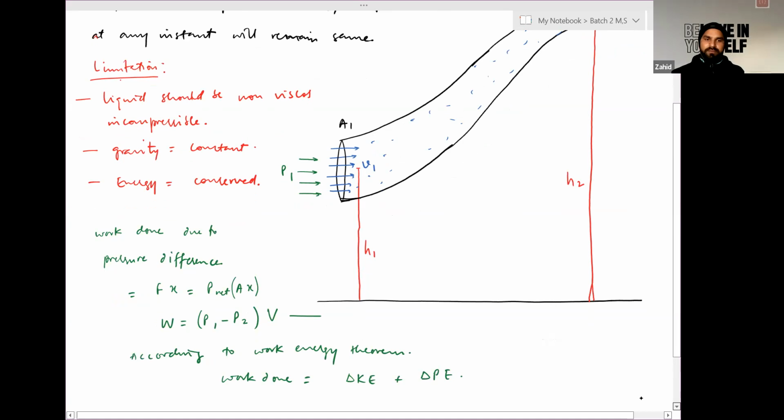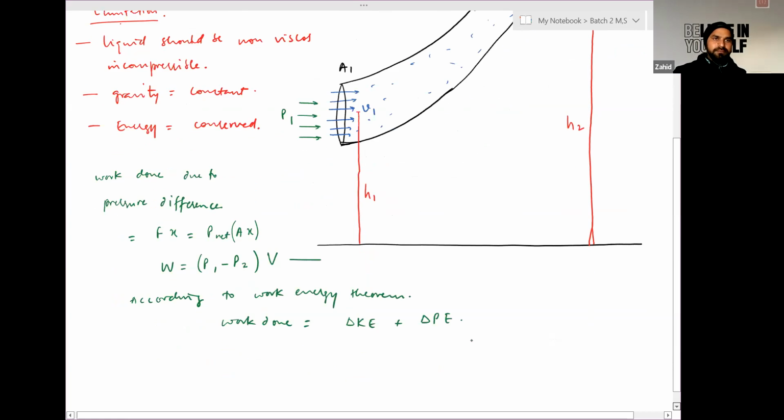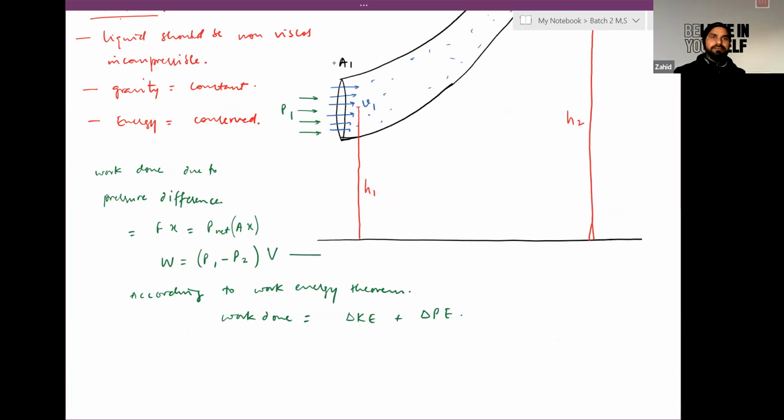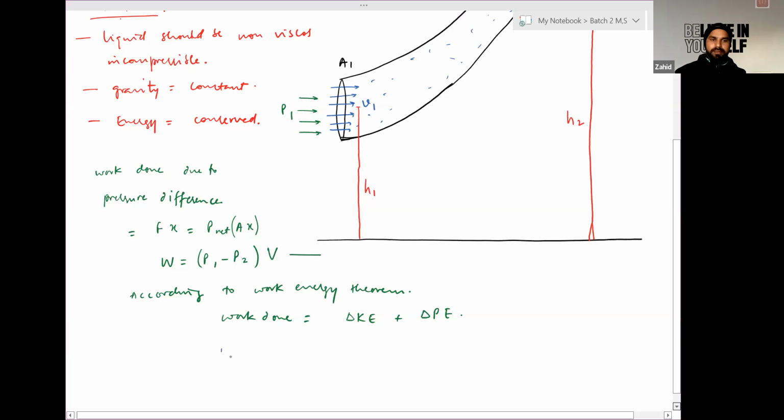Now just put the value of each term. Work done is P1 minus P2 times volume. Kinetic energy is half mv square. So change in kinetic energy will be half mv2 square minus half mv1 square, plus change in potential energy, mg(h2 minus h1).